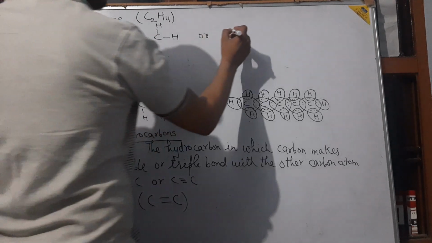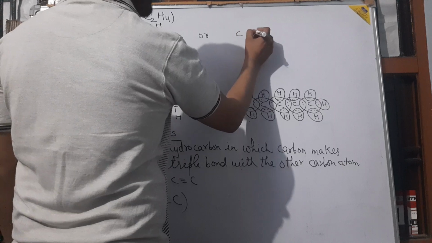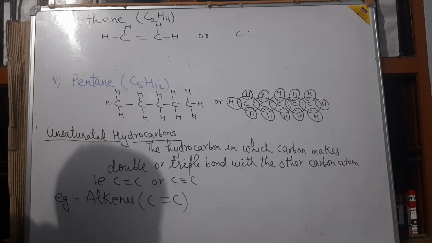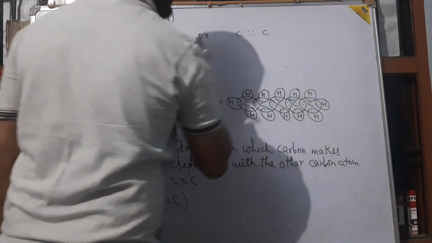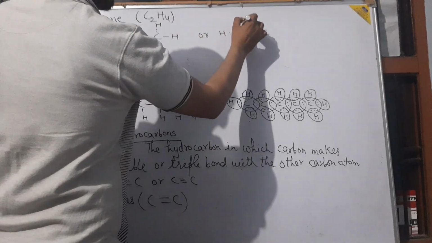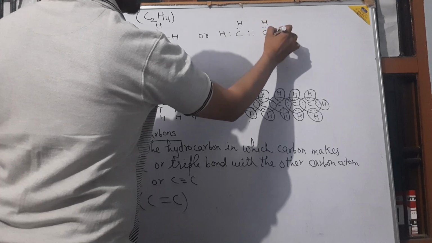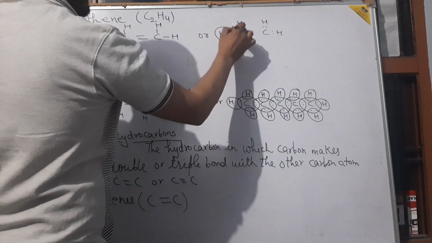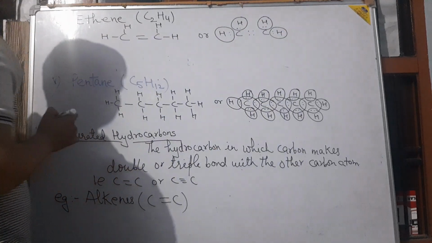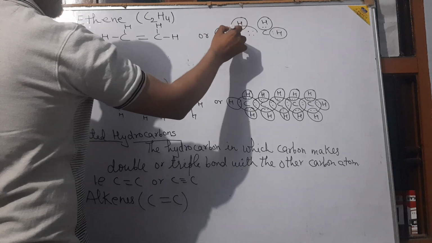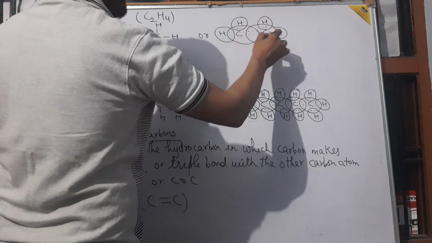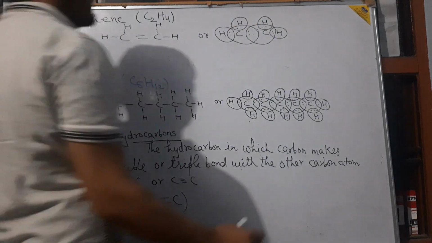We can also draw its electron dot structure, because a double bond is present there. So we have to show 4 shared electrons. Both carbons share 4 electrons, and the other electrons are shared with hydrogen, and we circle the duplet of the hydrogen, and similarly the carbon having its octet completed.